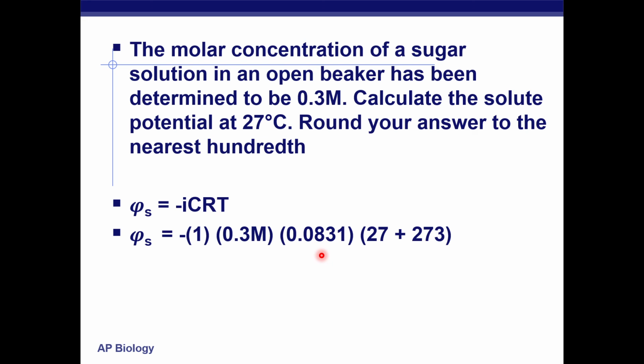That's our pressure constant. And then T is temperature, which is degrees Celsius plus 273. Then all you have to do is the math. So add this stuff up first, then multiply straight across. Don't forget your negative symbol, and the solute potential for this situation is negative 7.479.